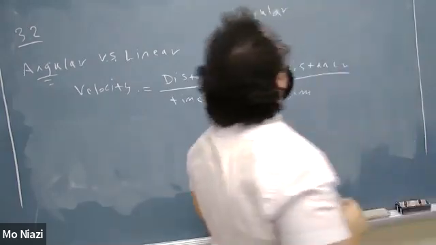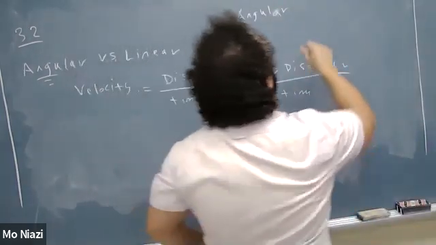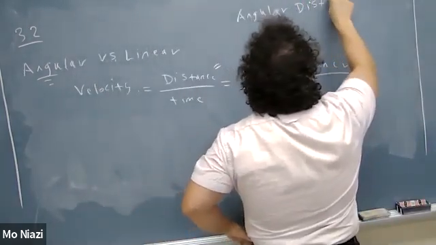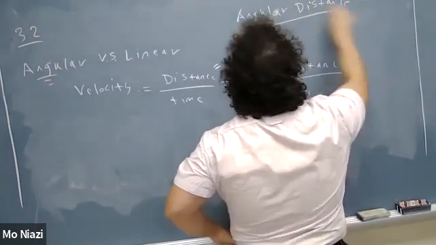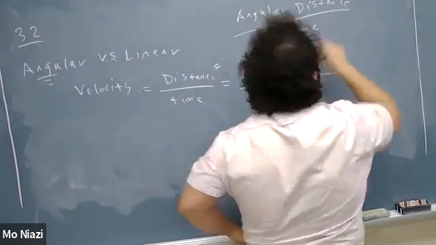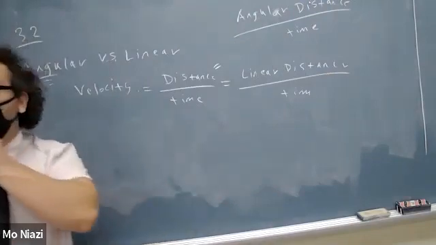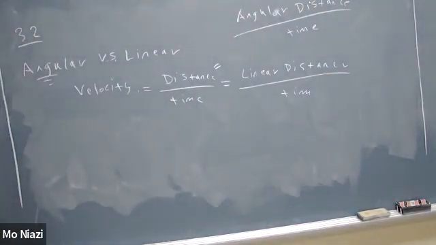Angular distance over time. Okay. What is the angular distance? Hint, hint. It correlates to what we were talking about earlier in section 3.1. Arc length.